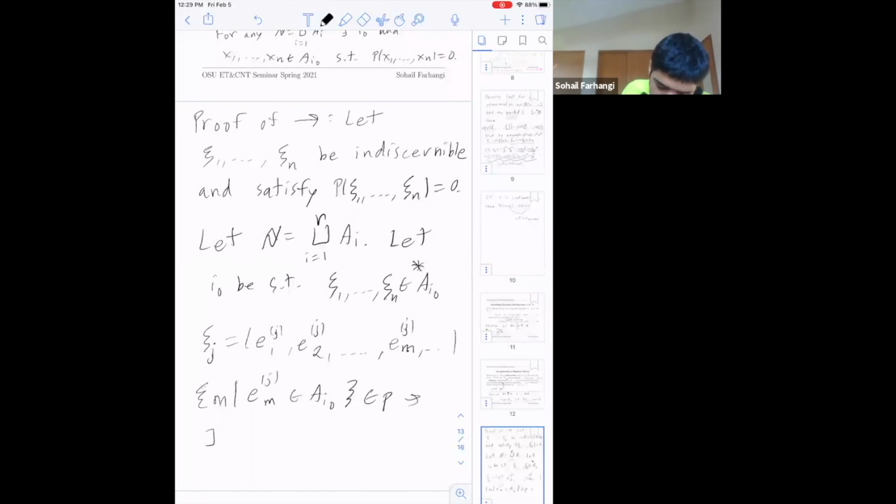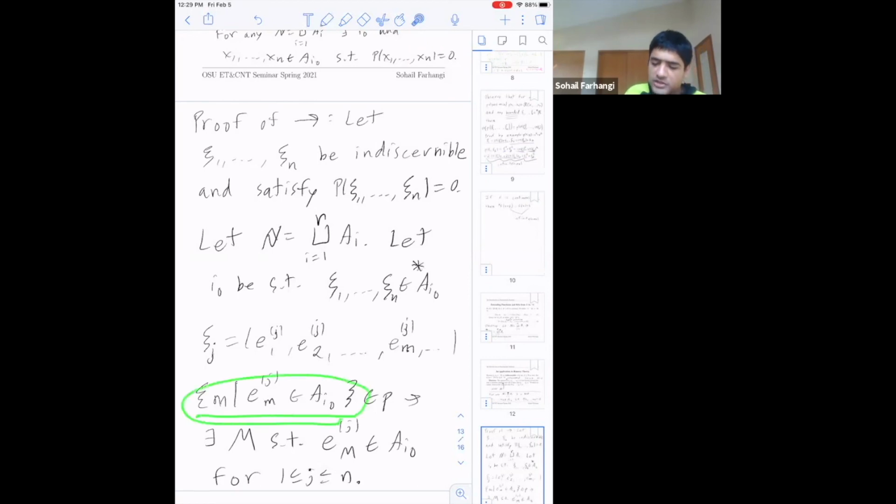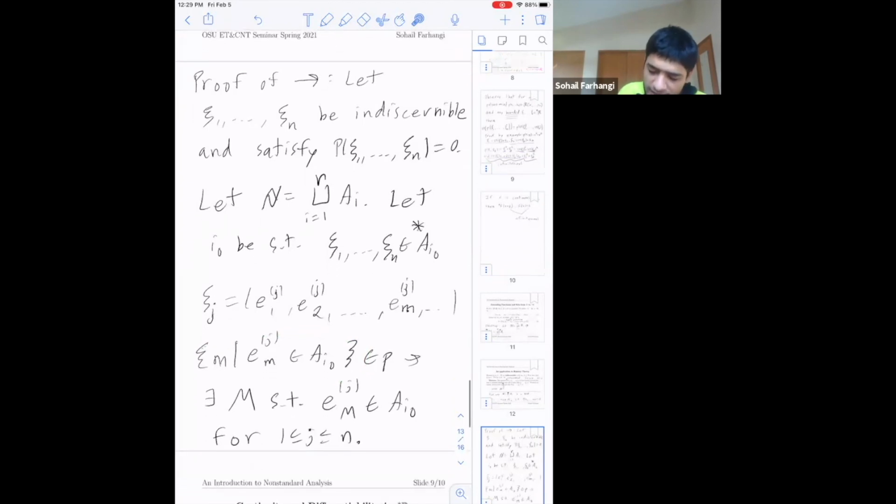So there exists M such that the j-th element at M is in Ai0 for all j. By the ultrafilter property, I can intersect all of these sets, all j of them, and the intersection is non-empty. So take any element there.